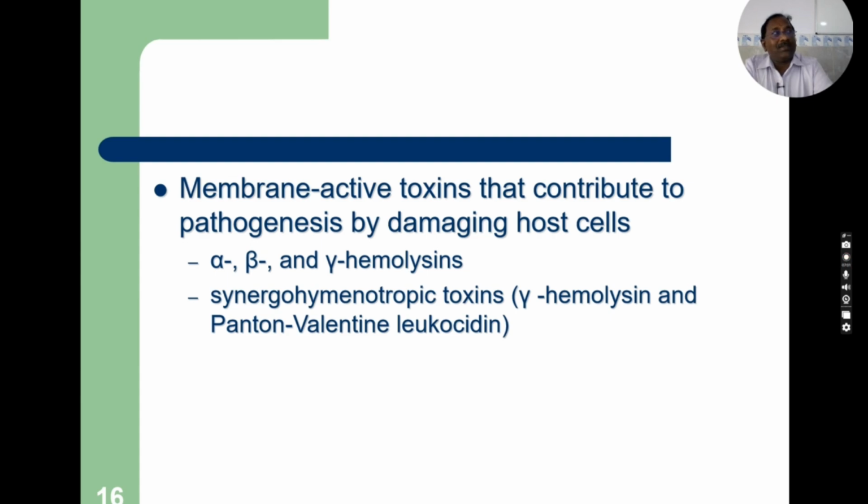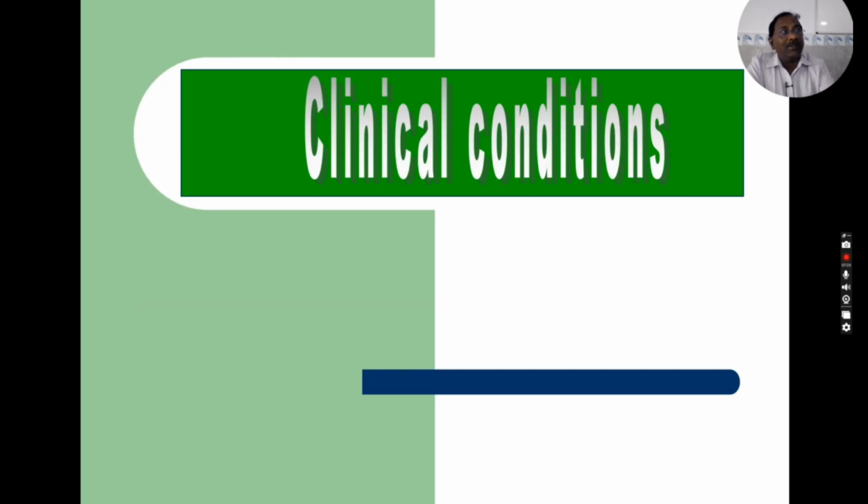Synergohymenotropic toxins, mostly the hemolysin or the Panton-Valentine leucocidin. You need not remember all these things, but the pathology of Staph aureus is very, very dangerous because it's a very common cause of our nosocomial infections, and left untreated, it may go into toxic shock syndrome also. So these are all the pathophysiological mechanisms by which it causes the damage.